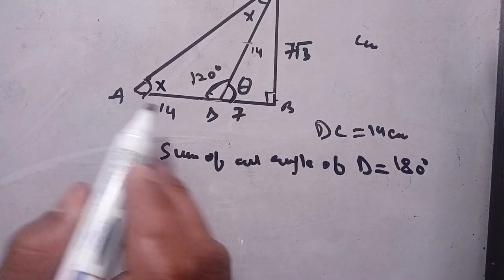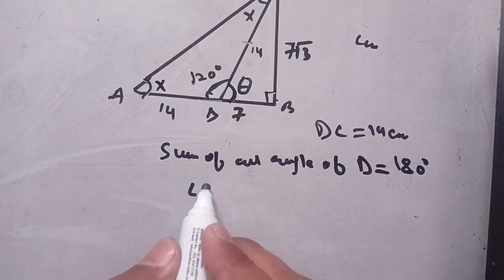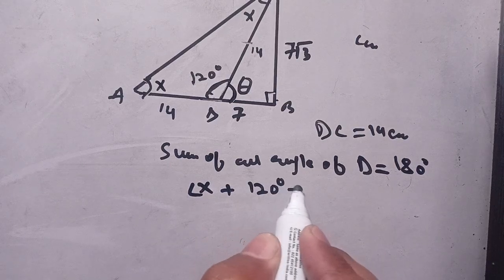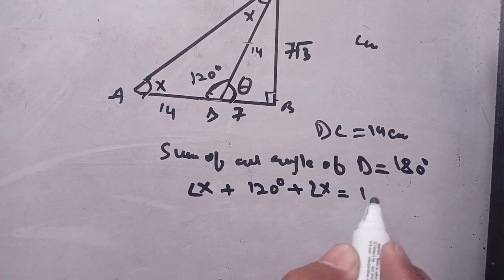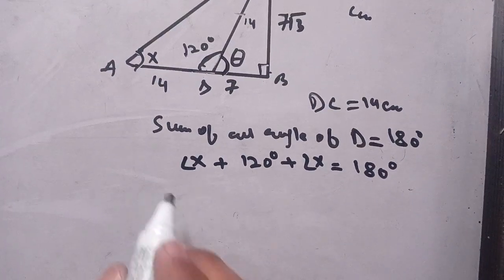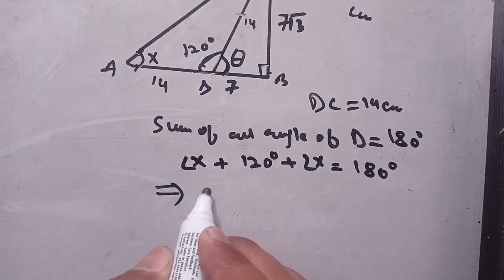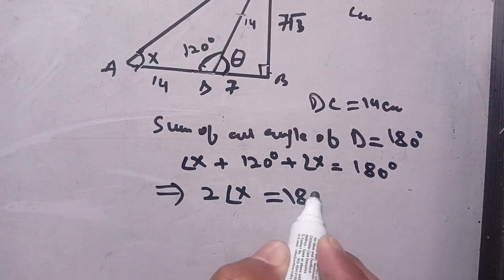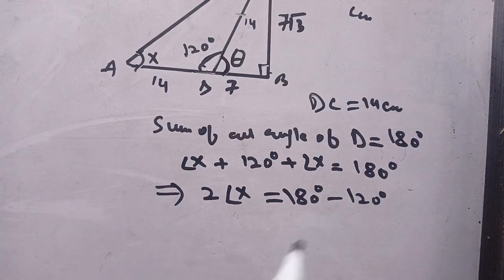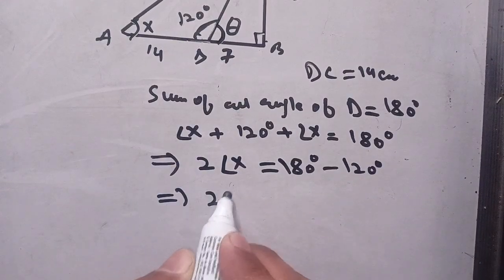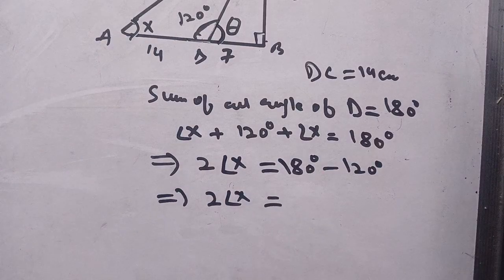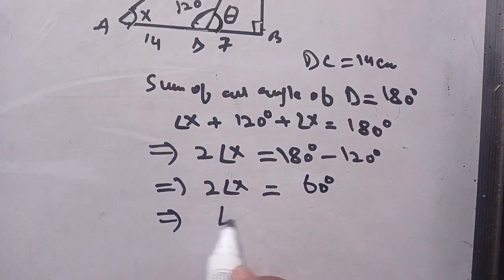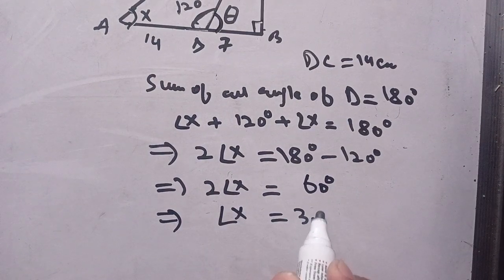Now, in this triangle ADC, angle x plus angle 120 degrees plus angle x is equal to 180 degrees, which implies angle x and angle x become 2 times angle x is equal to 180 degrees minus 120 degrees, which implies 2 times angle x is equal to 60 degrees, which implies on dividing both sides by 2 we get angle x is equal to 30 degrees.